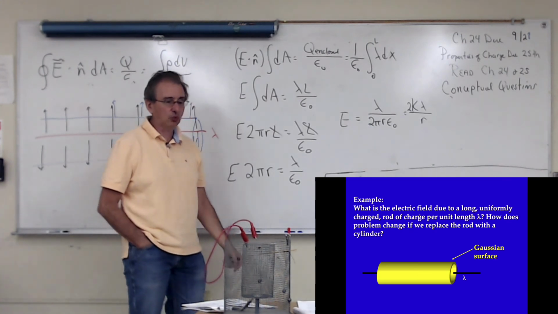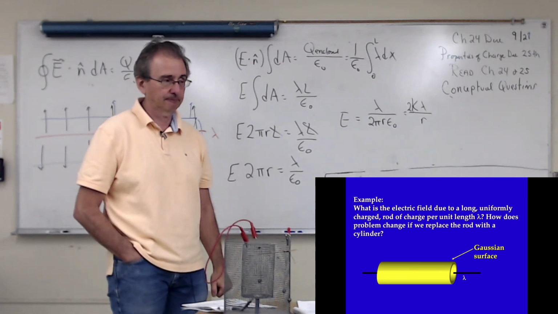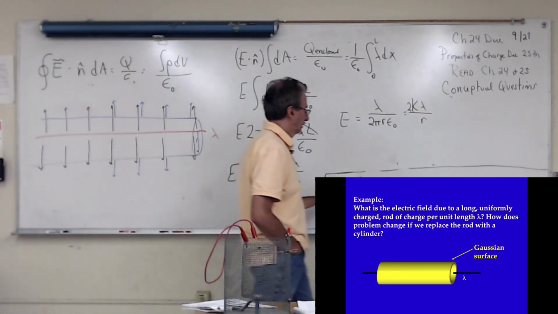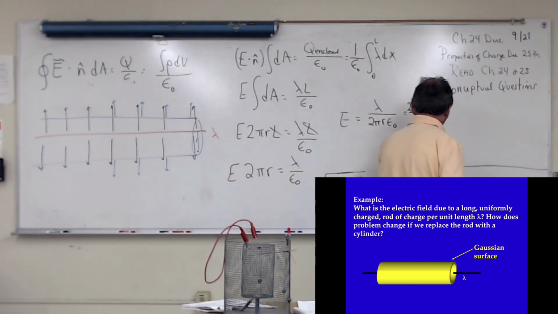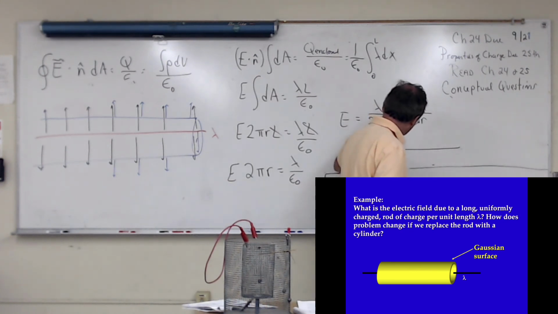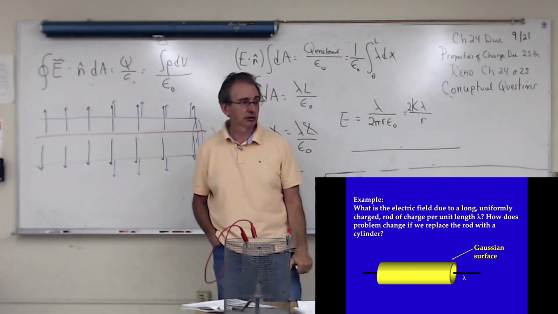And you're going to say, well, there's no such thing as an infinitely long rod, and you're right. Suppose I wanted to find the electric field due to a rod, uniformly charged, and I'm real close. If you're real close to the rod, how long does that rod look?